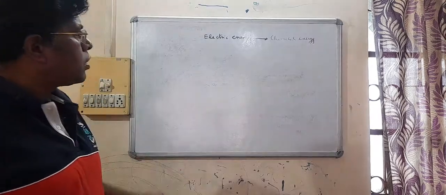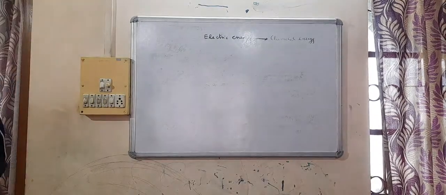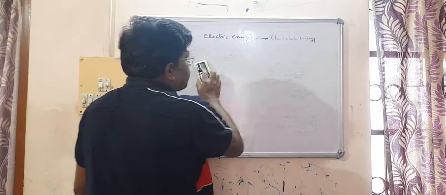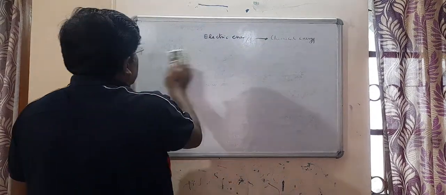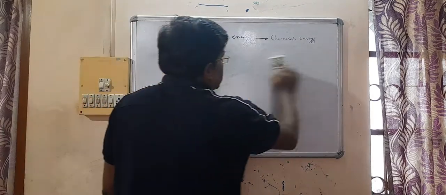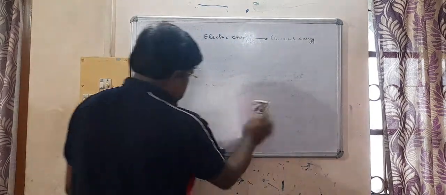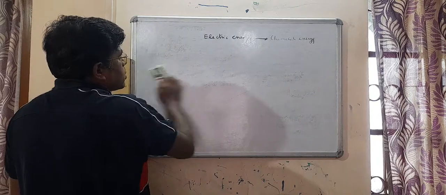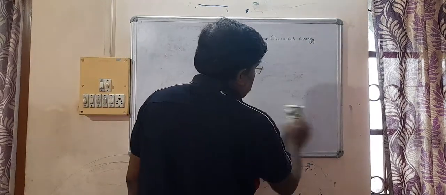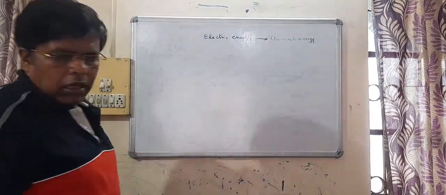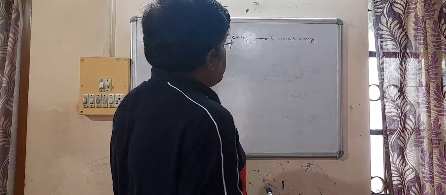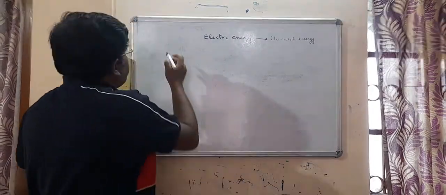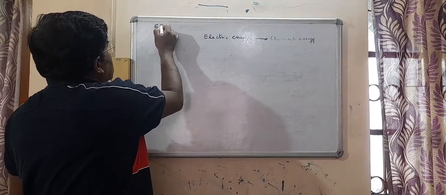We can convert electrical energy to chemical energy, and the cell in which we can do this is called an electrolytic cell.